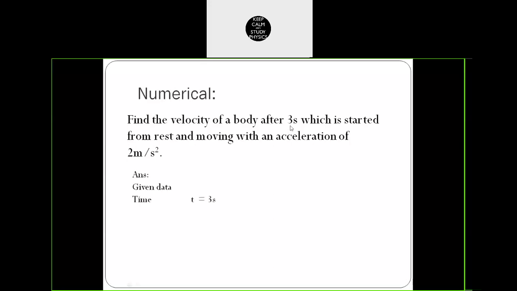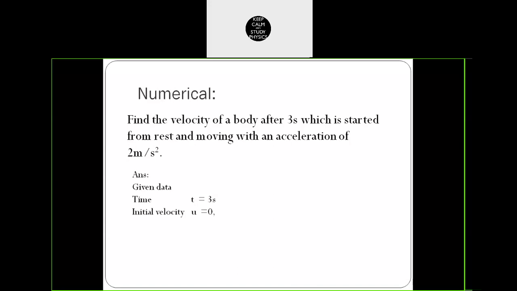In the first line he said after 3 seconds, so you should identify it as time. Next, he says it started from rest. Started means initially, and from rest means initial velocity is 0.